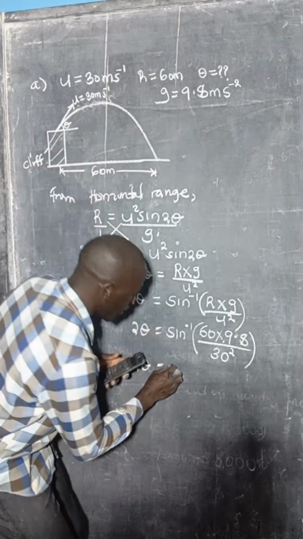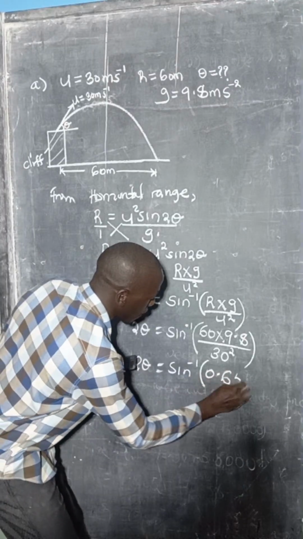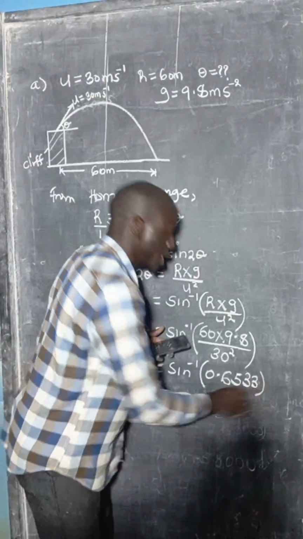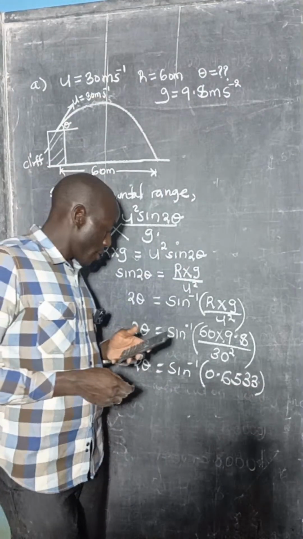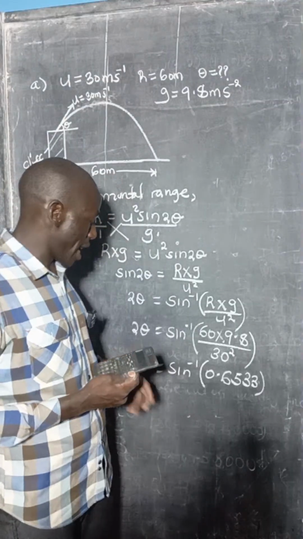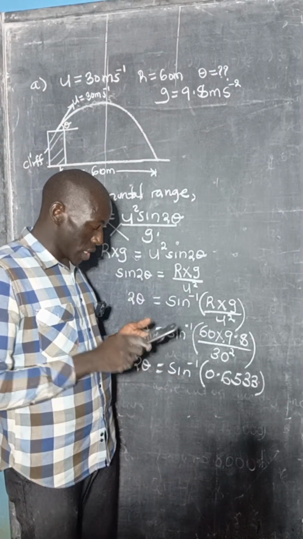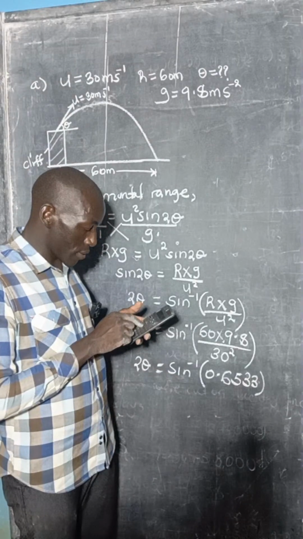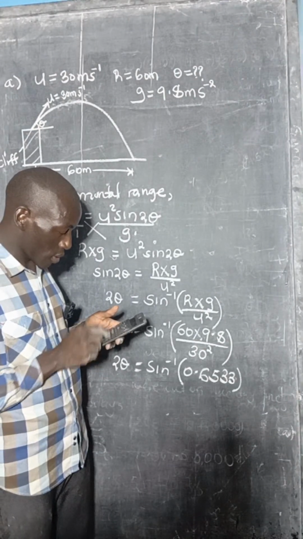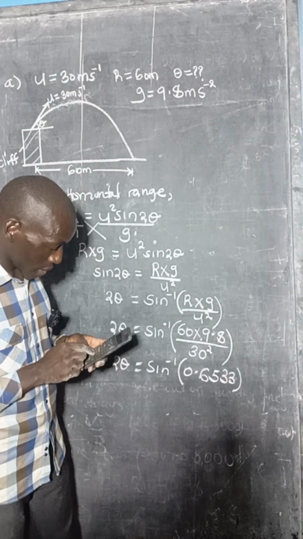So meaning that here we are going to have the arcsine of 0.6533. That is the correct value, but it does not matter when I write it to decimal places like the way I put. So I'm going to get the value of the arcsine, which is the sine inverse of 0.6533.